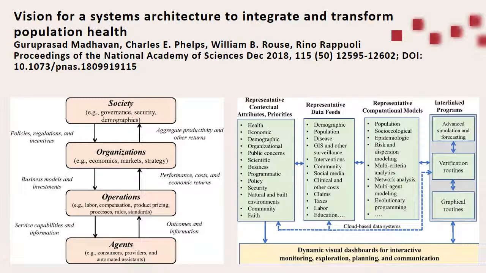And then if you look at all the different types of domains, many of which produce data over in figure 2 on the right side, we have all types of attributes, not just health data from an electronic medical record, but also economic, demographic, organizational, public concerns, scientific, business, programmatic, policy, security, natural and built environments, community, faith.